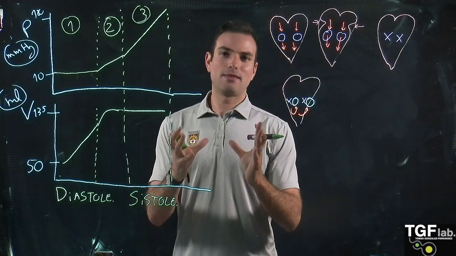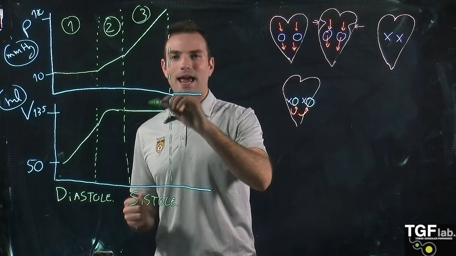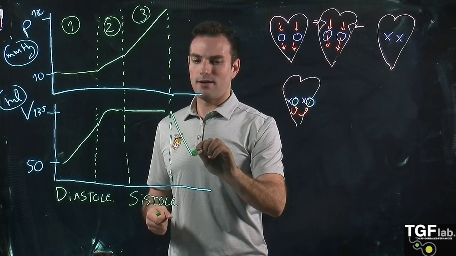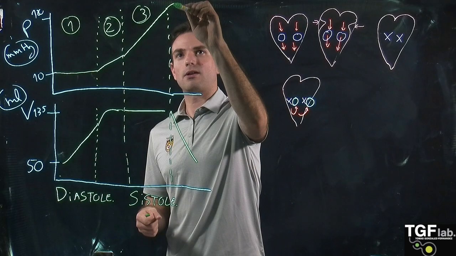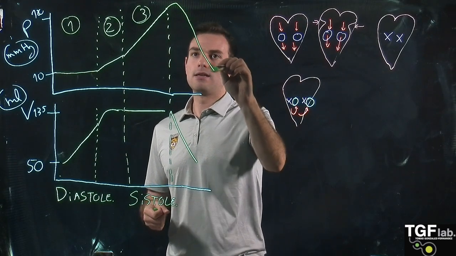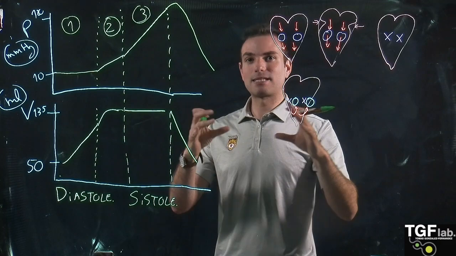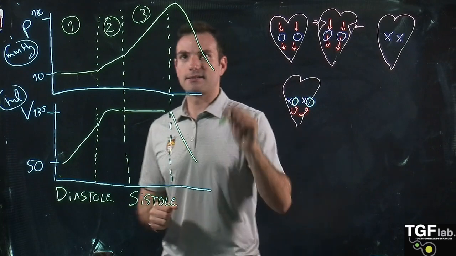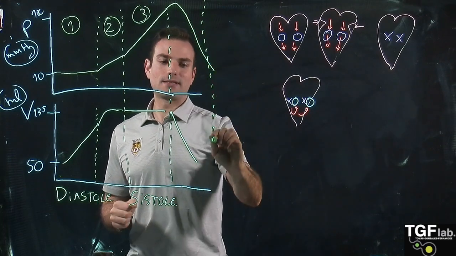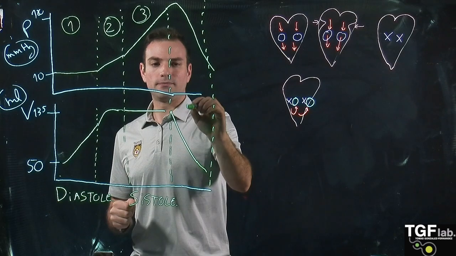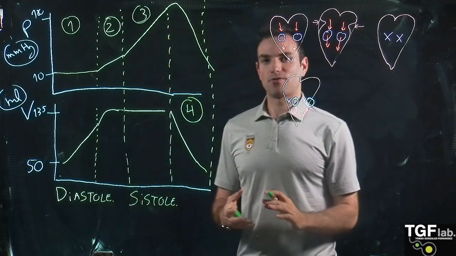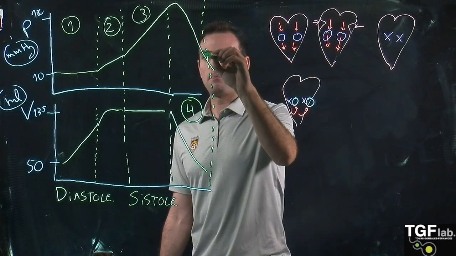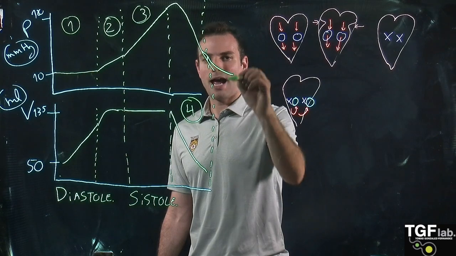So the ventricle contracts, systole happens, and the blood goes into the aorta, so the volume goes down. And the pressure will go a bit up and then down. This increase in pressure is what makes the semilunar valves open and allow the blood to flow into the arteries. And this fourth phase is called the ejection phase.